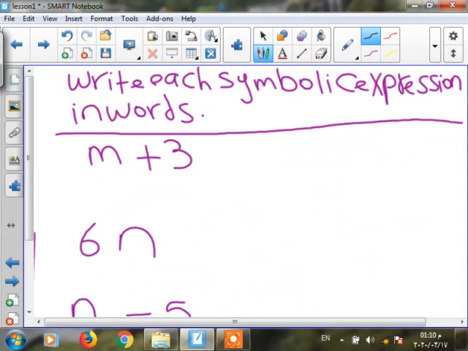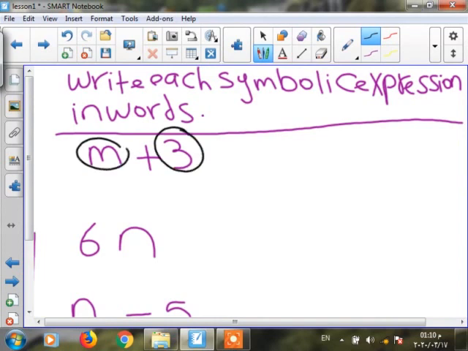Now write each simple expression in words. Number 1, I have m plus 4. I want to write this in words. What is m plus 3?